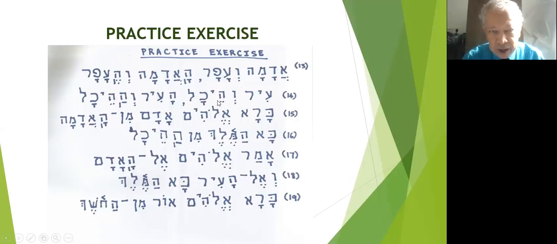In this kind of exercise, it is not possible to know in what context hekal is being used because I don't have it in a story. I don't have it in a chapter. I just have it by itself without any context. So either translation would be all right.